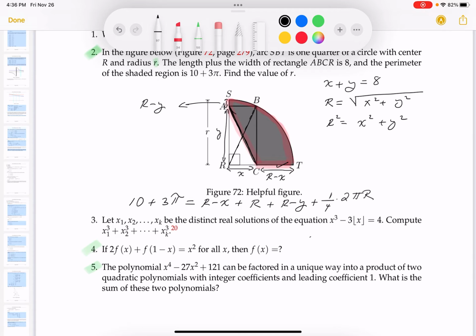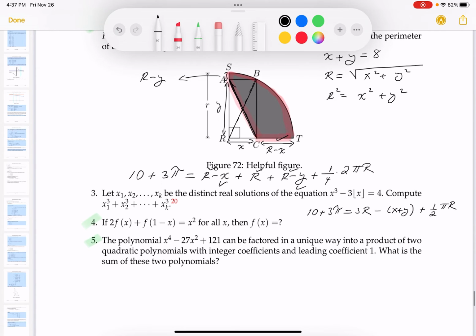So you get 10 plus 3 pi equals, let's do the 1, 2, 3r minus x plus y, and then plus 1/2 pi r.